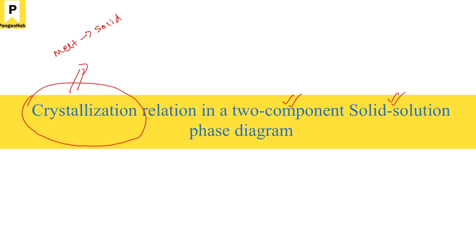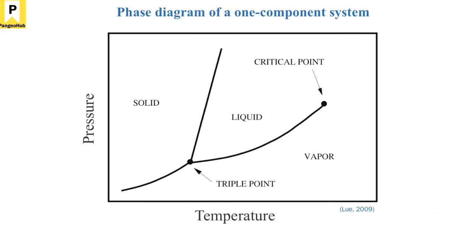So to start with, let's look at a typical one component PT phase diagram for a pure substance. Let's say we think of a substance A, and this is the typical diagram.